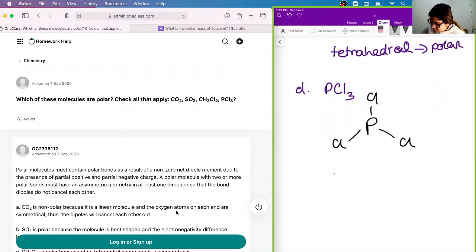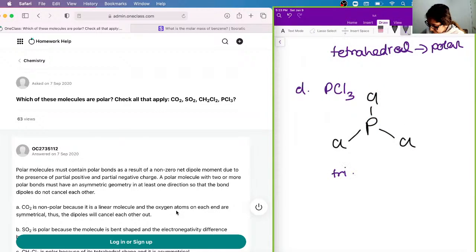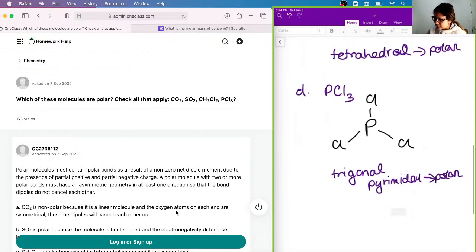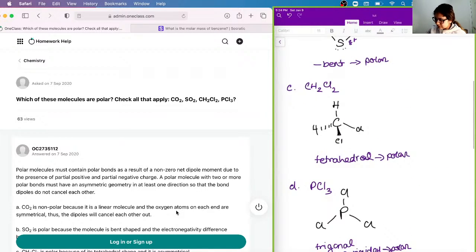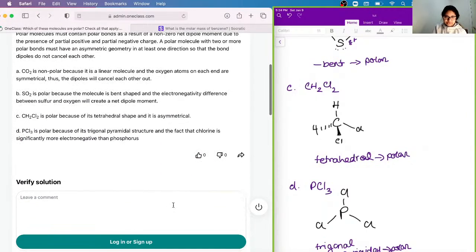And the net difference between the electronegativities is also significantly large, so this is why it's polar. And so the only nonpolar one was CO2. So the solution here is correct.